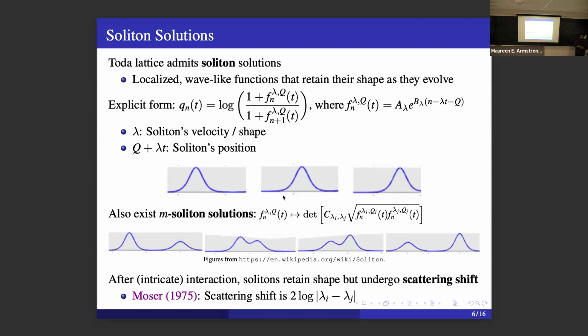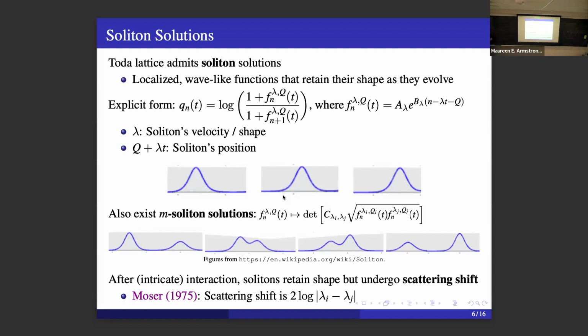Excuse me, what is a scattering shift? Is this a piece of time, or is it just the difference between the out shape and the in shape? It's not the difference between the shapes. It's the difference between their positions. You have this original soliton, which is moving at speed lambda.